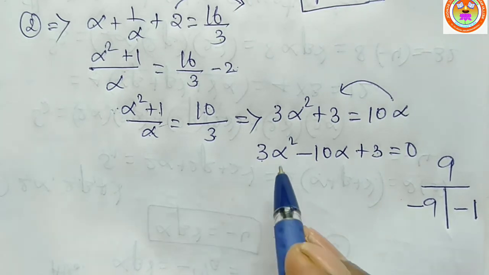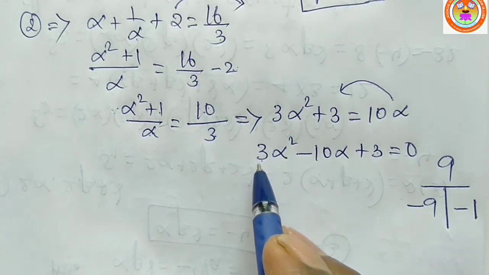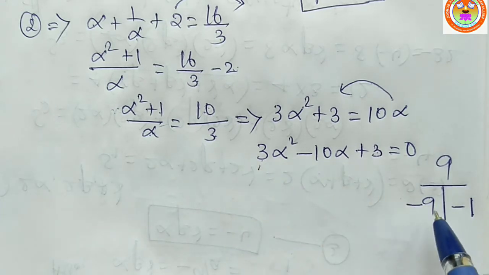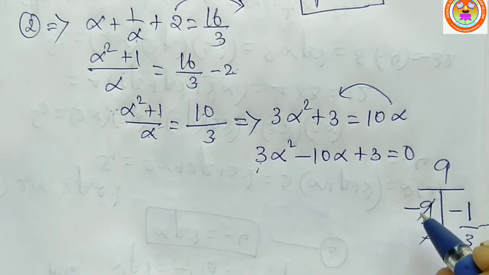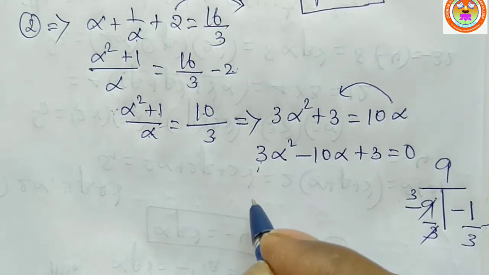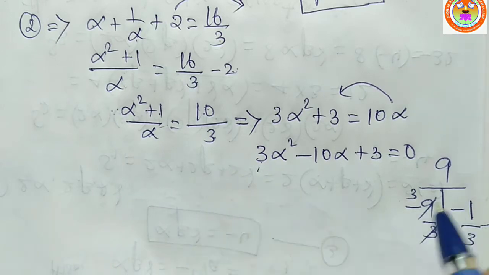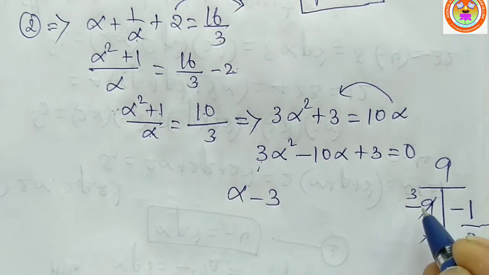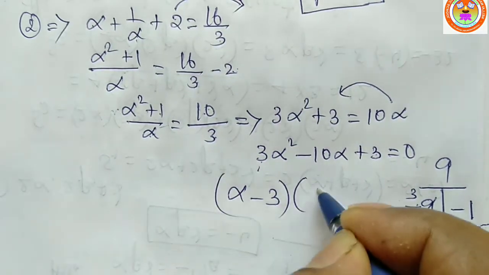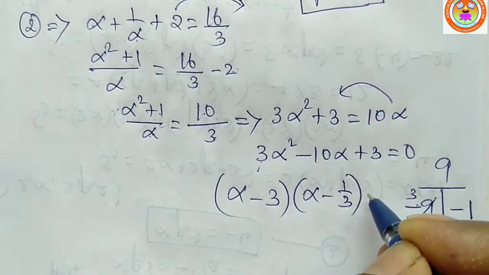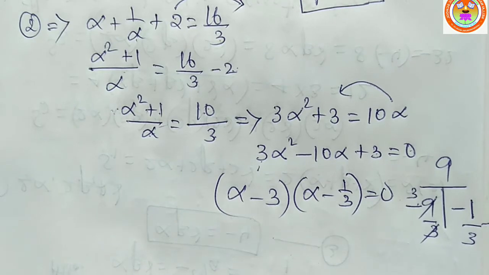But the coefficient of the square term contains 3, so we can divide the two factors by 3. So we can write the factors directly, that is alpha minus 3, another one is alpha minus 1 by 3, which is equal to 0.